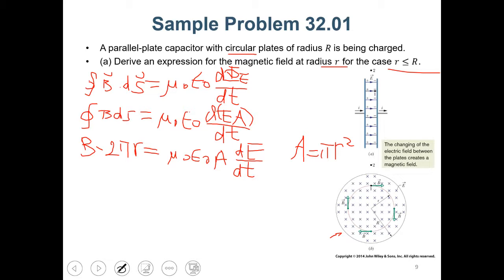So we substitute A into the right side, and finally we get mu 0 epsilon 0 r over 2 times dE/dt. So it should be quite easy.